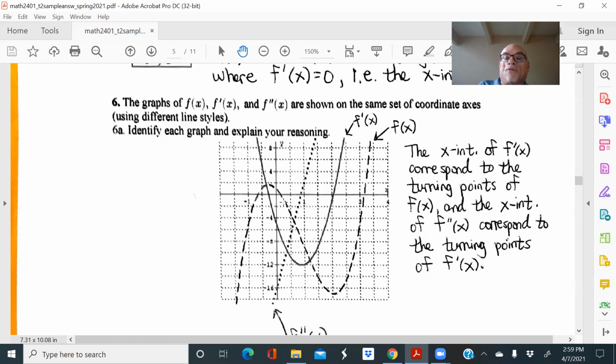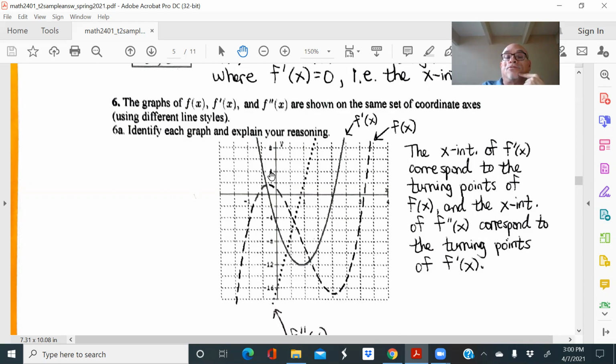So if you were looking for the peak or valley turning points on this dashed curve, you would do that by looking for where the derivative is 0, in other words, the x-intercepts of the derivative. And the peak or valley turning points for this dashed curve happen to occur exactly where you have x-intercepts for the solid curve.